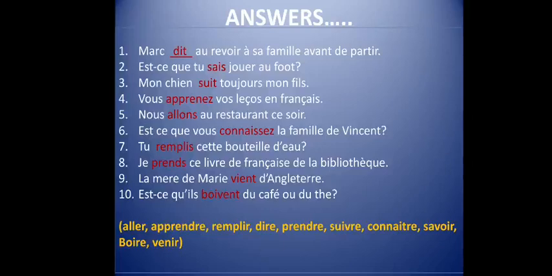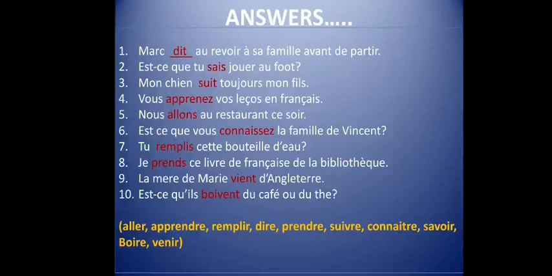I told you, you use the verb savoir where you are talking about a skill or a fact. So playing football is a skill. So here the verb savoir has been used and we are not going to write any verb in the infinitive form. We have to conjugate the verb. So, do you know how to play football?